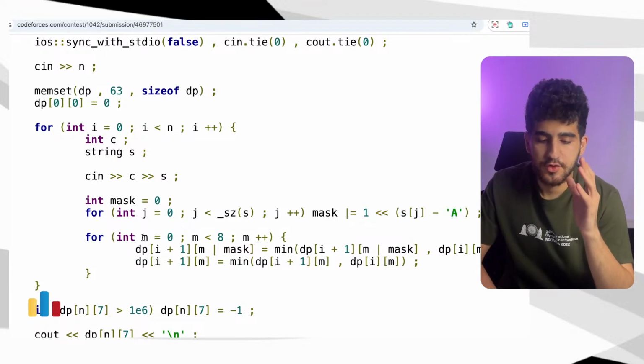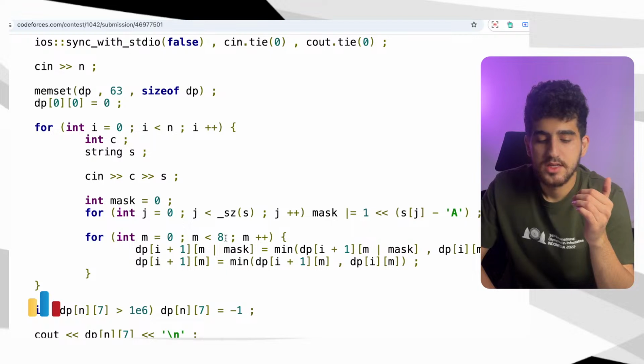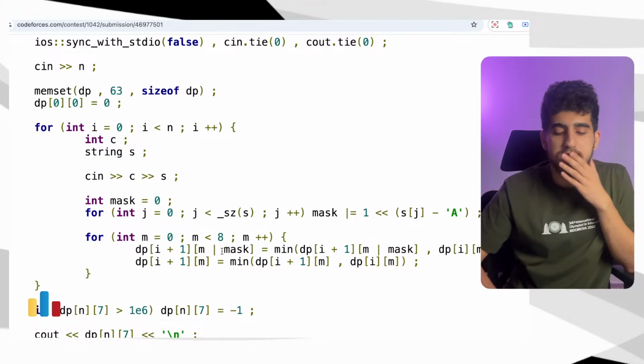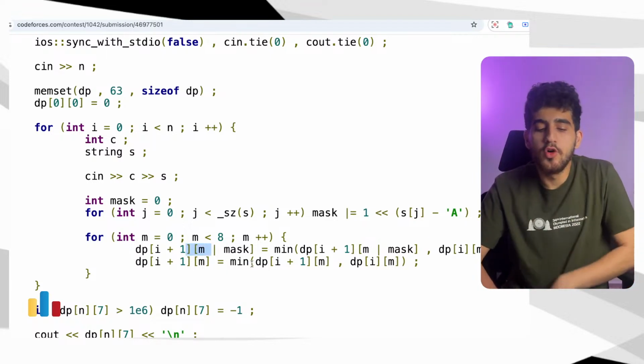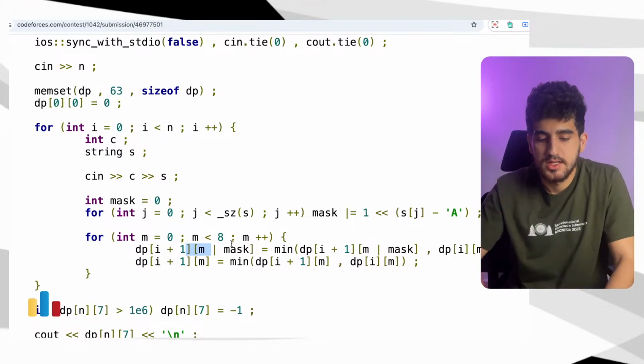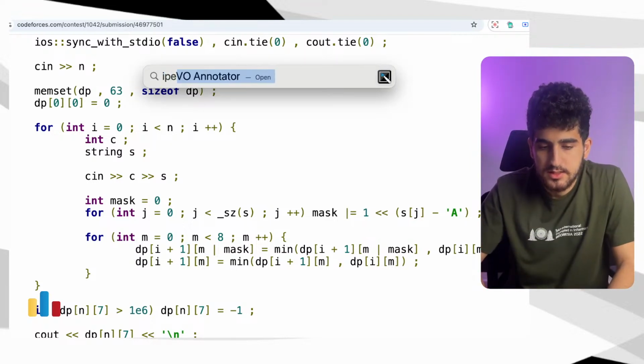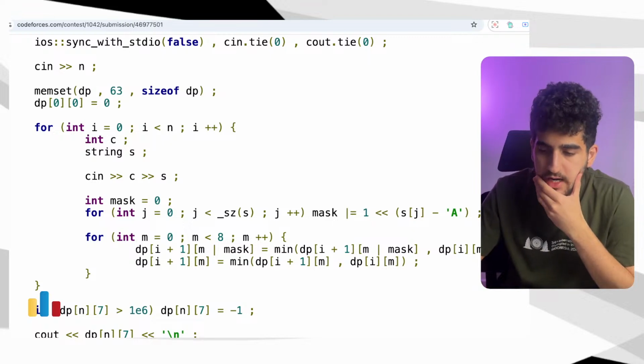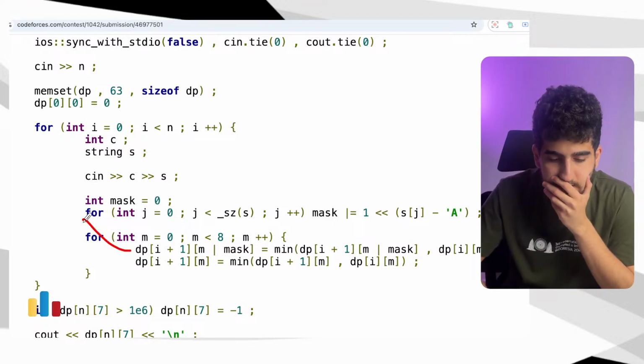And then I have a for m from 0 to 8, and I say that dp of i plus 1 and m or mask. This is the case where I take this juice, I buy it.